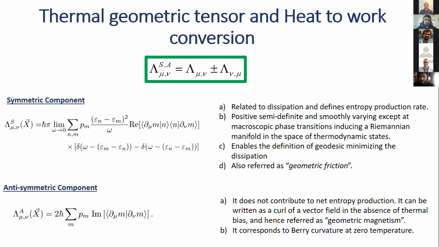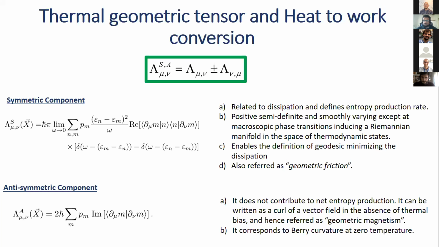Now, I would like to come to why we call this thing the thermal geometric tensor. We call it that because we think this quantity is a thermal analog of the quantum geometric tensor. The quantum geometric tensor, which is defined for a closed system, defines a metric in the manifold of the ground state, and its antisymmetric component defines the Berry curvature.